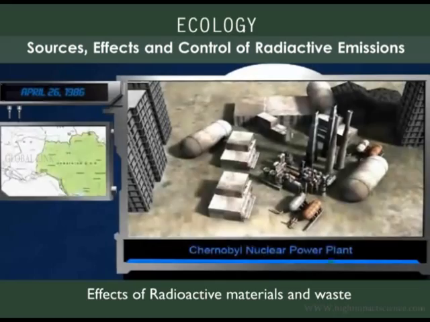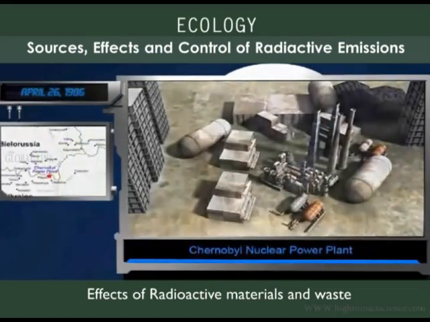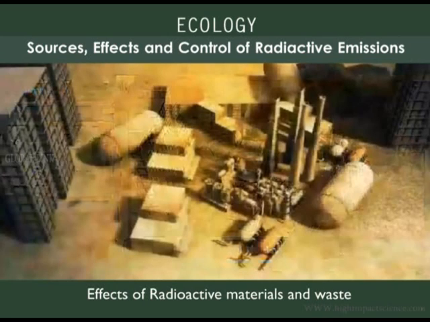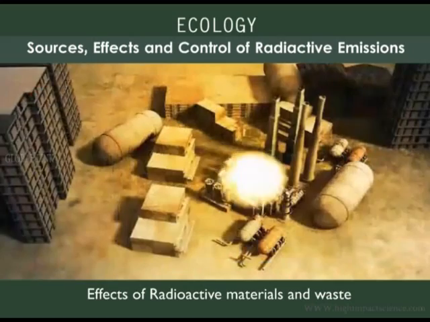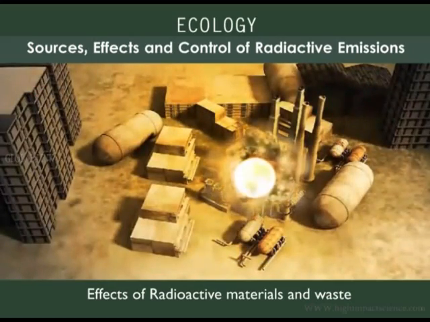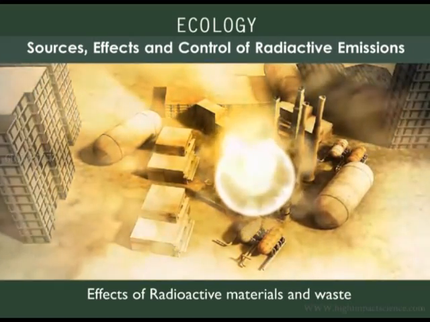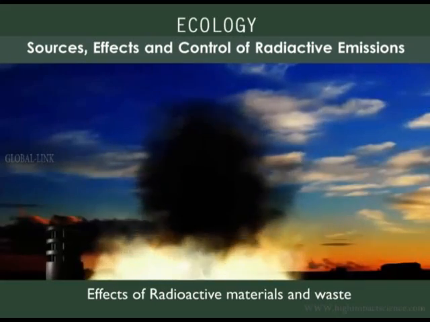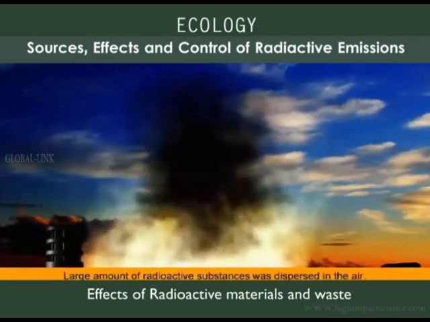For instance, in the 1986 Chernobyl nuclear disaster in Ukraine, one of the reactors of the plant underwent a catastrophic increase in power, leading to an explosion. Such explosions lead to a large amount of radioactive substances being released into the air.